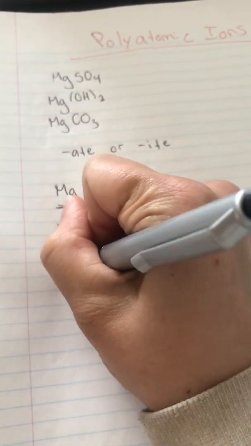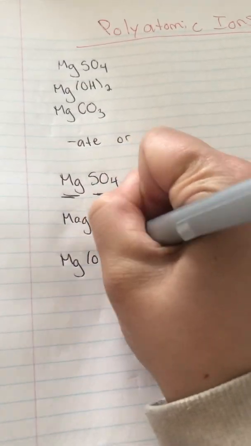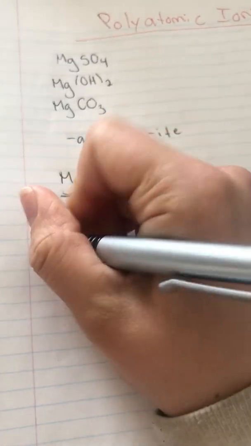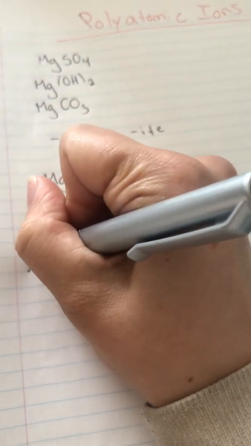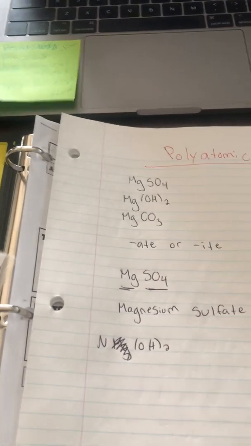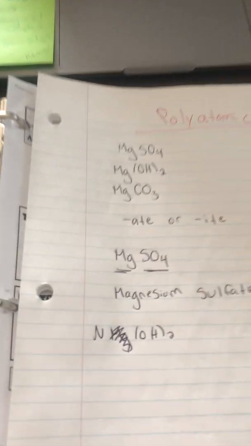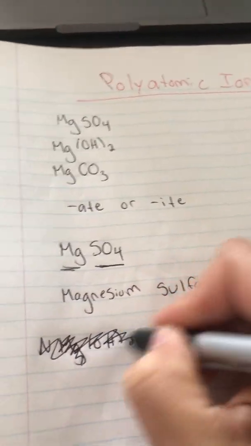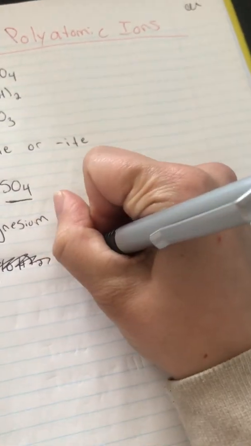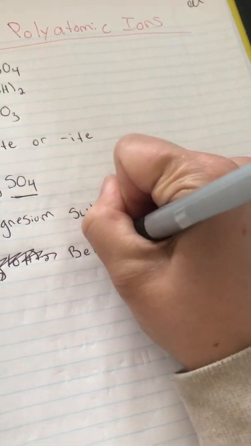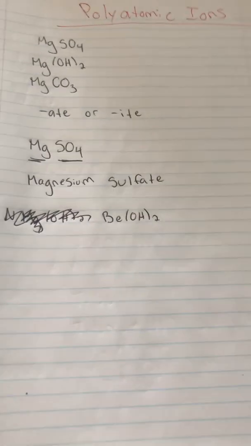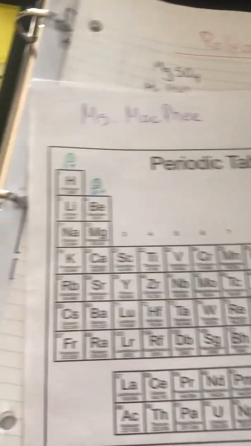Next one up there, let's change this and do BeOH2. We know that Be is beryllium, found on our periodic table here.